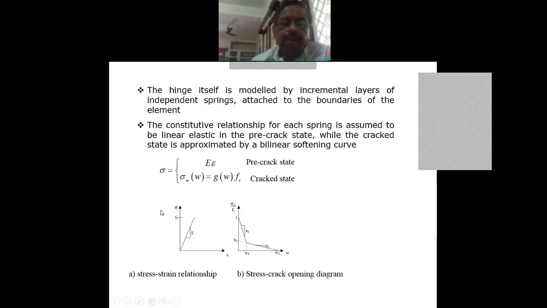In the initial stages we assume the parameters A1, A2, A and W1 and W2, B1. Based on this assumption, we try to model once again and optimize these parameters to get the same load deformation plot.